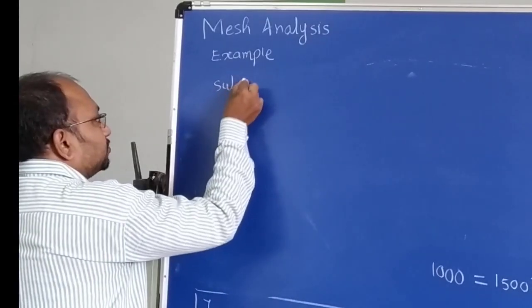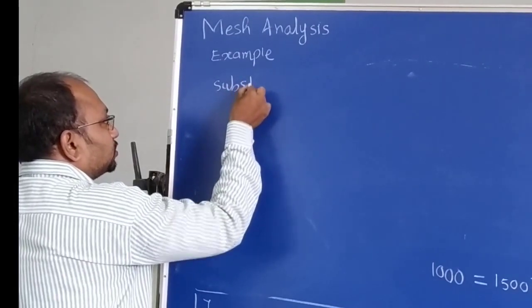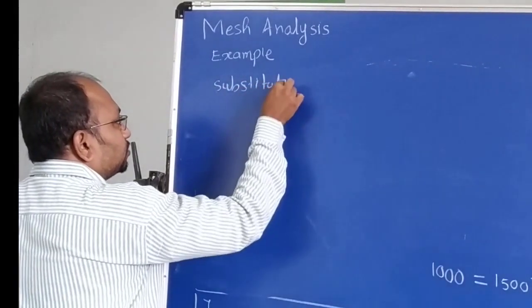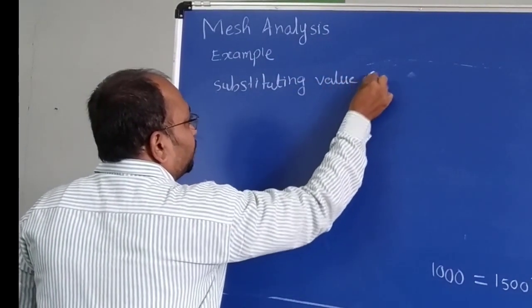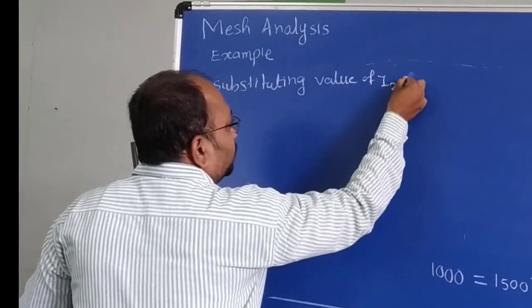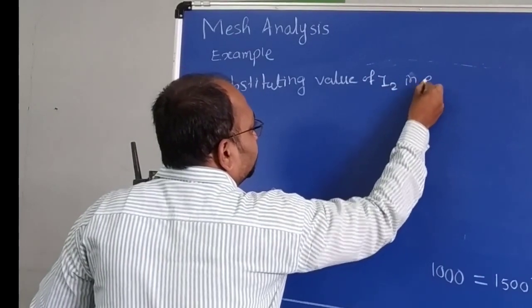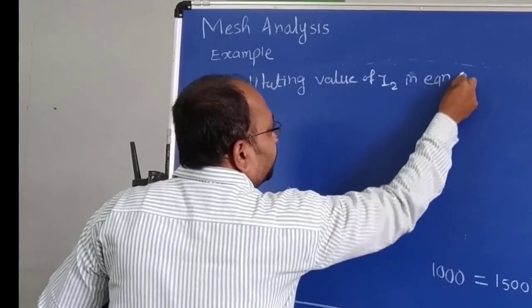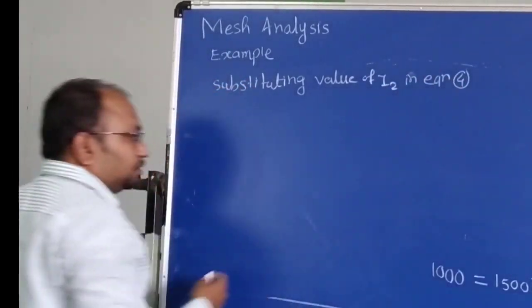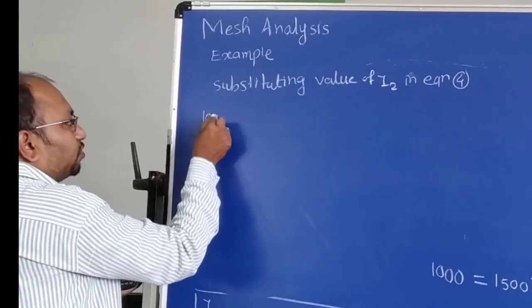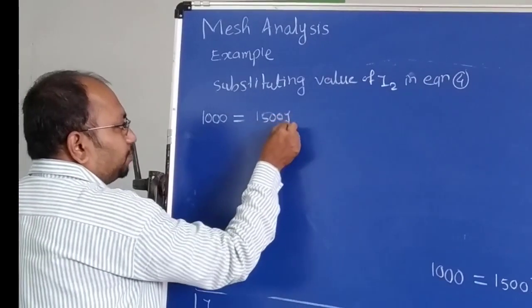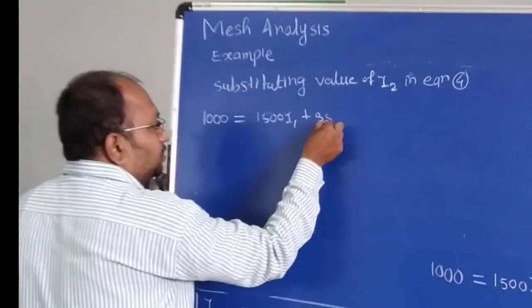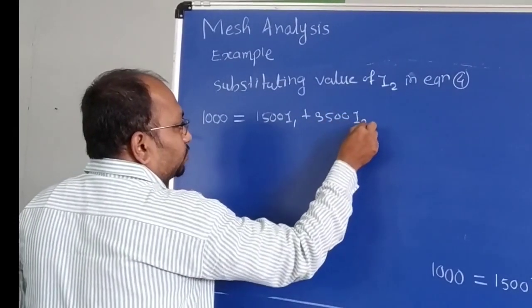Substituting the value of I2 in equation number 4. Let us write equation number 4 over here. 1000 is equals to 1500 I1 plus 3500 I2.